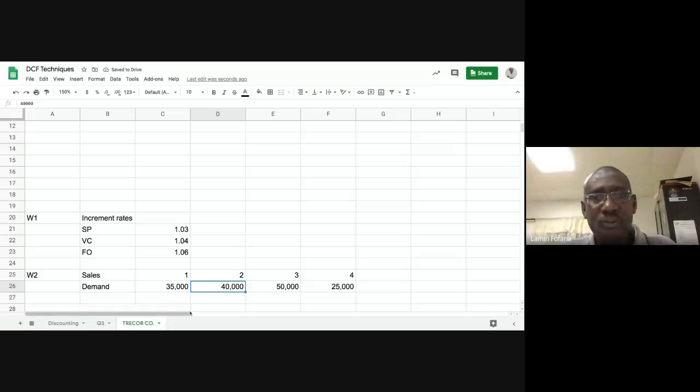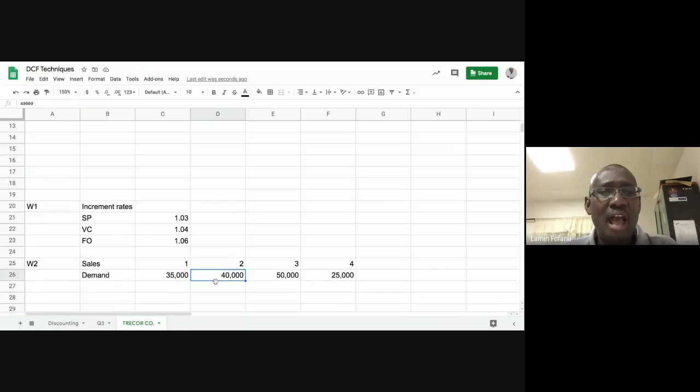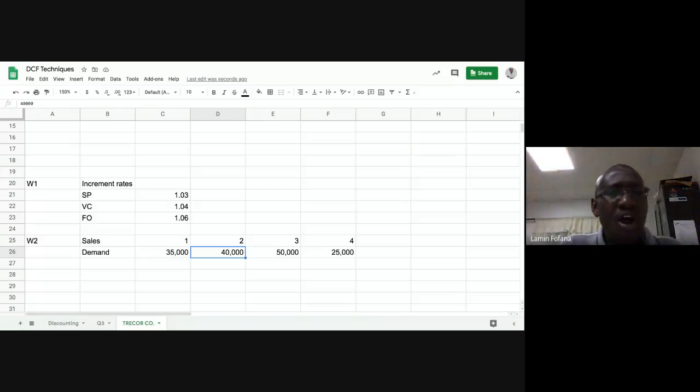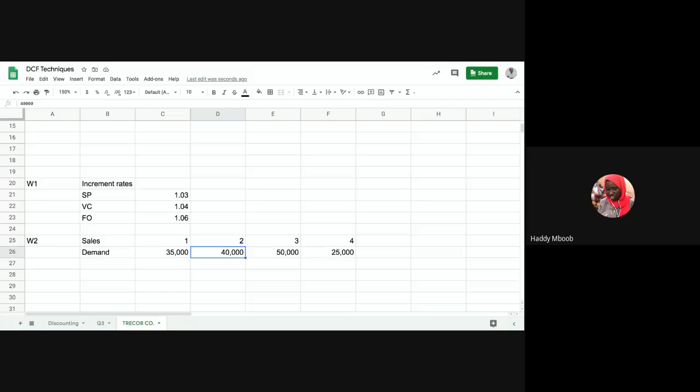Okay, fine. So we have our sales demand of 35,000, 40,000, and so on and so forth. And our selling price. What is our selling price according to the question? $12 per unit.